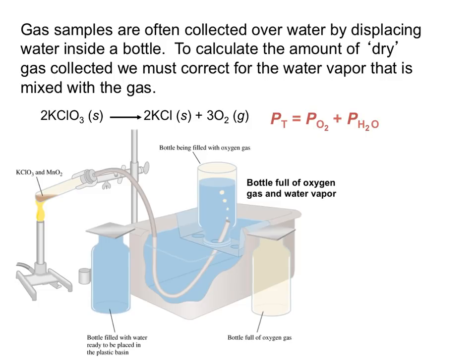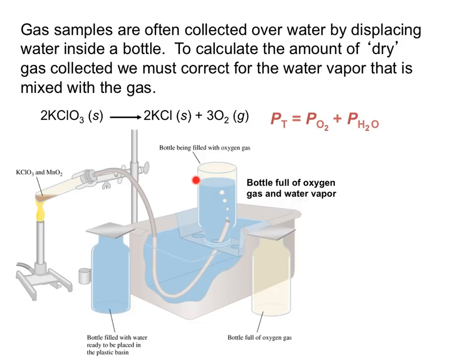Okay, and basically as the reaction proceeds and gas is being expressed from the reaction, it's then collected in the bottle that's here. Now, as we're collecting gas, depending on the temperature of the reaction conditions or temperature of the room, rather, the water that's in the container will also vaporize.